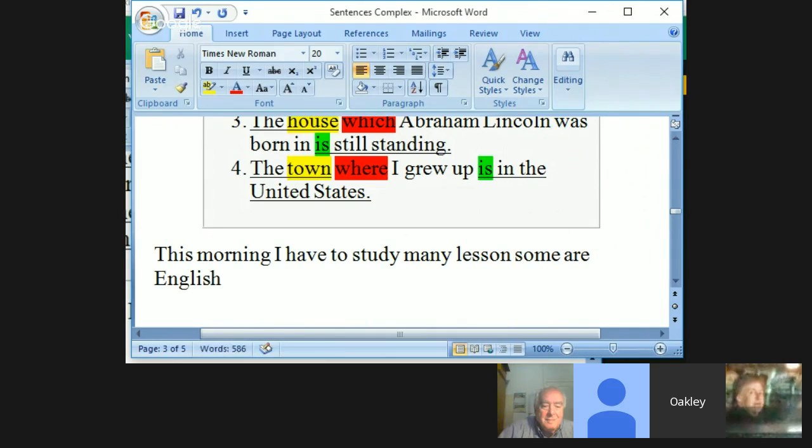Some are English lessons, and others are Spanish ones, but in order to not repeat, the other Spanish.